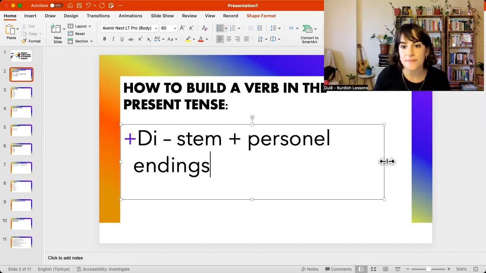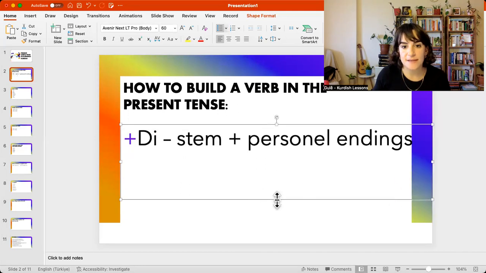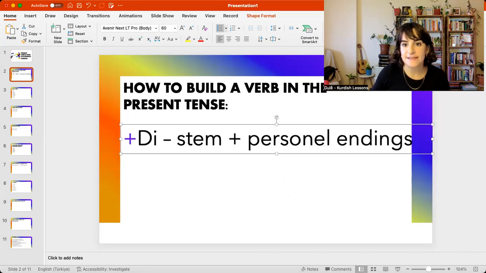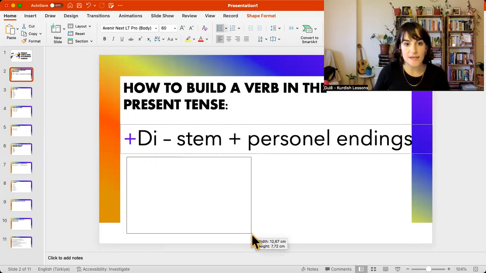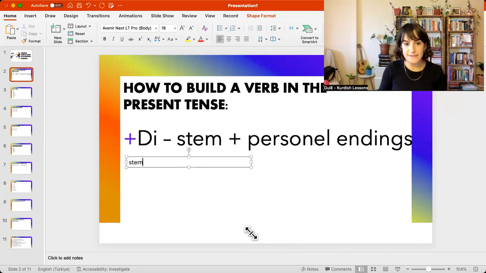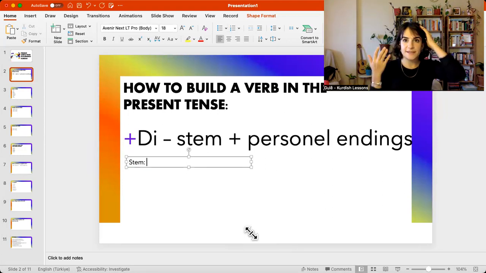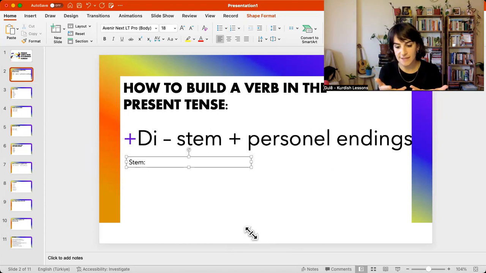Okay, so now let's discuss this rule. The stem is used to build a present sentence, and of course you have to know the stem.